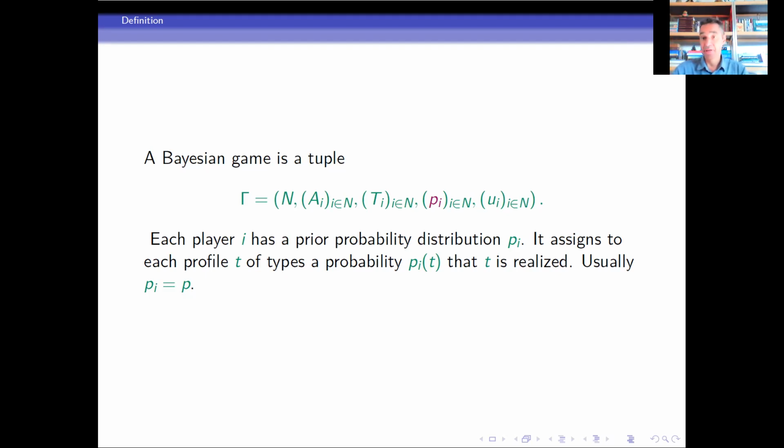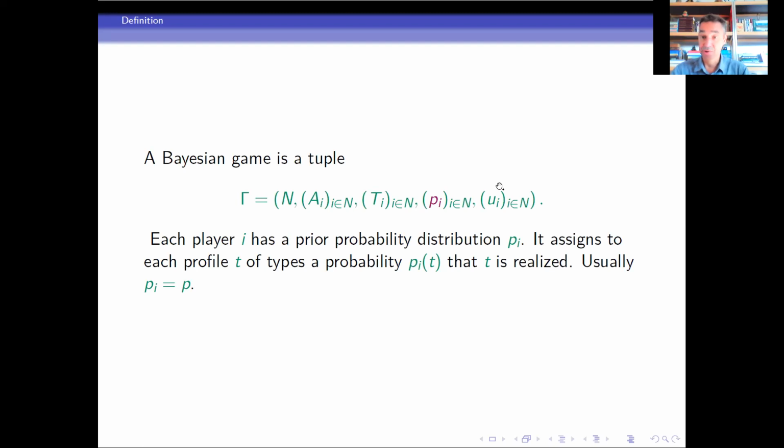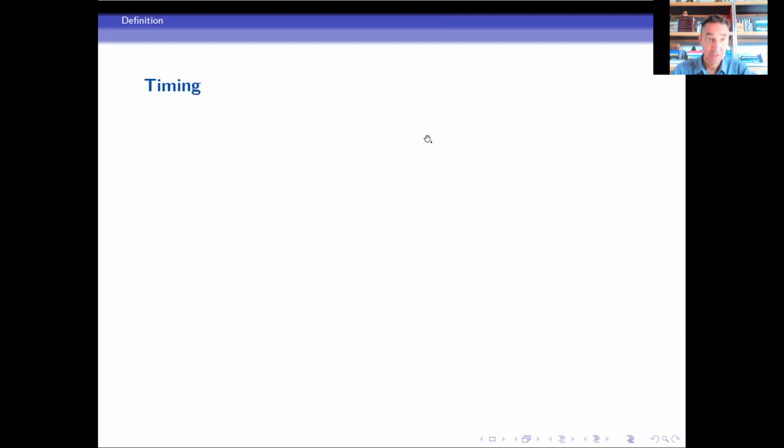But usually all these Pi's are the same. So that means that we all assign the same probabilities to realizations, meaning that there is, in some sense, a true objective probability that this will happen. And that's, of course, the usual setting in which this is being used. So you can usually think of the Pi's as just one probability distribution over capital P for all the players. Okay, so these are the ingredients of the game.